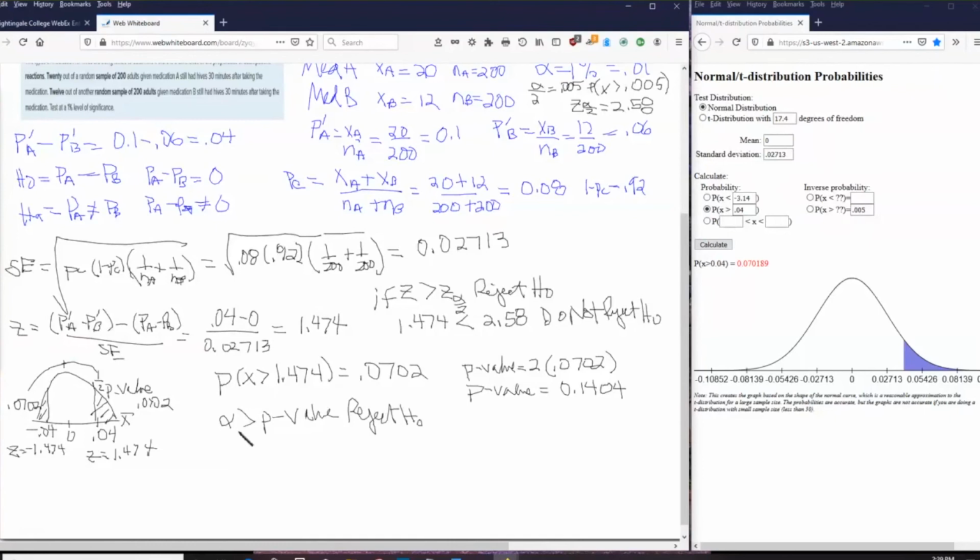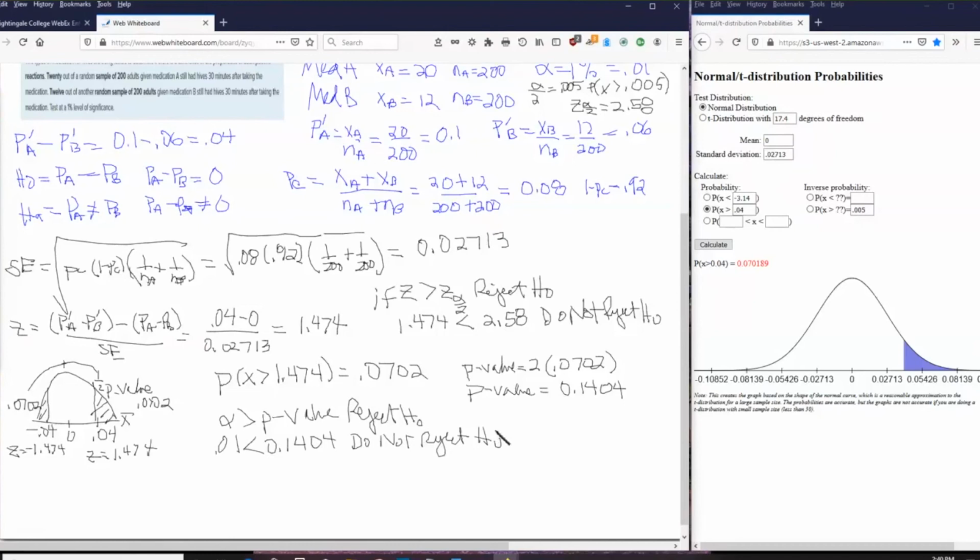So my alpha, they gave us a significance level of 1%, and we just calculated our p-value to be 0.1404. 0.14 is greater than 0.01, so that means we're going to say do not reject our null hypothesis.